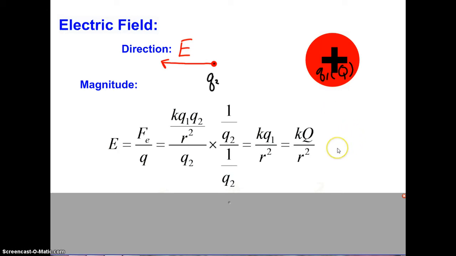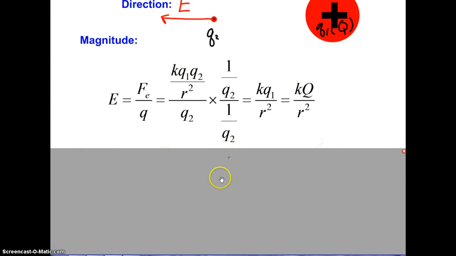This derivation is nice because what this means is you don't need to know the value of the charge at the location that you want to know the strength of the electric field at. All you need to know is the charge of the source, and you need to know the distance from that source. And as long as you know those two things, you can calculate the electric field strength without knowing the charge at that location.